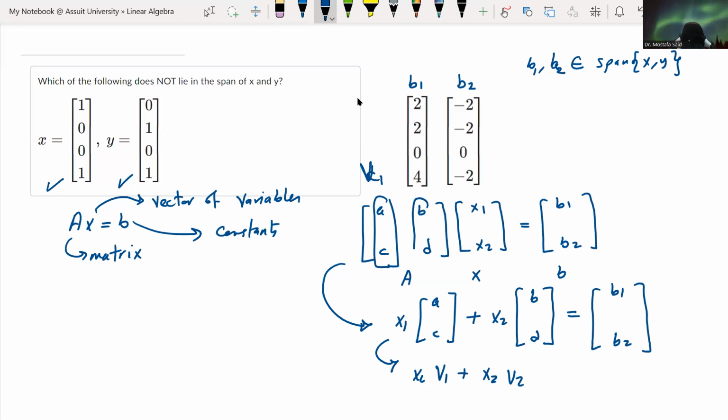So this is another vector here, the second column of A, equal to what? What is this vector? This is V.